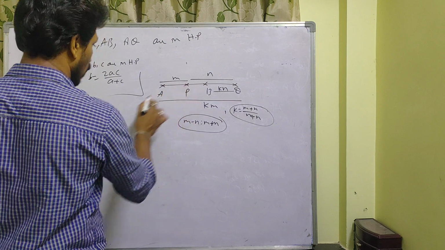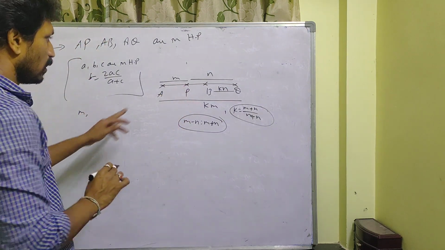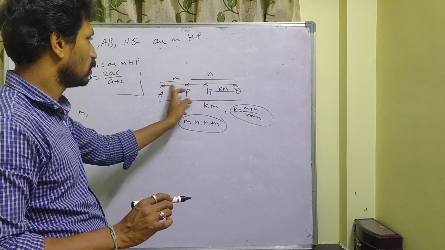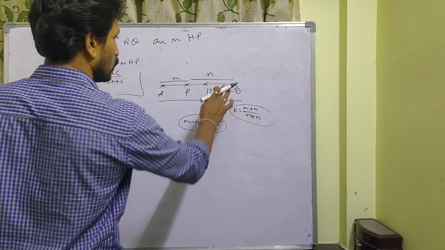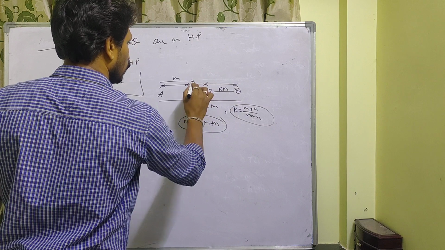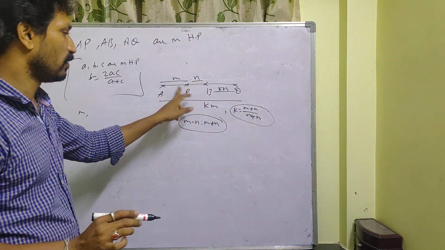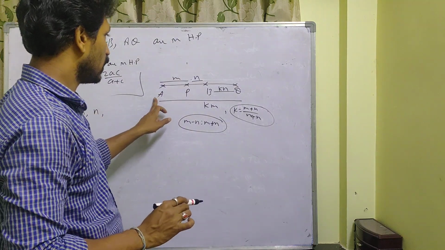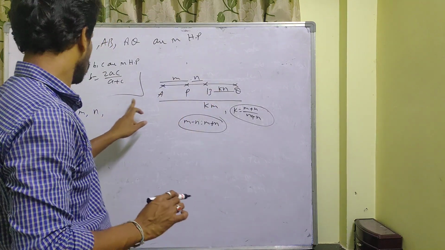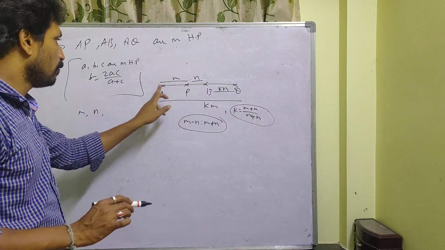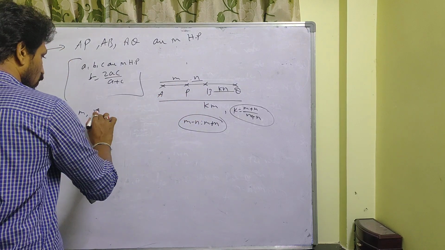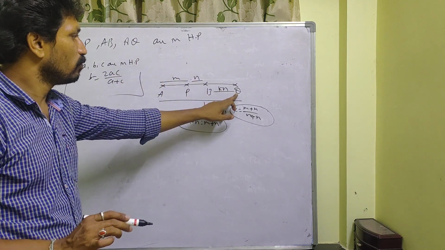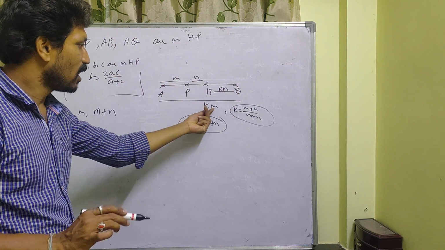So AP means here m, just some ratio you are getting. AB means, see here, this is n only. m is to n ratio, P divides, so PB is n. AP means m, AB means m plus n. Okay, AP, AB, AQ. What is AQ here? It is km.